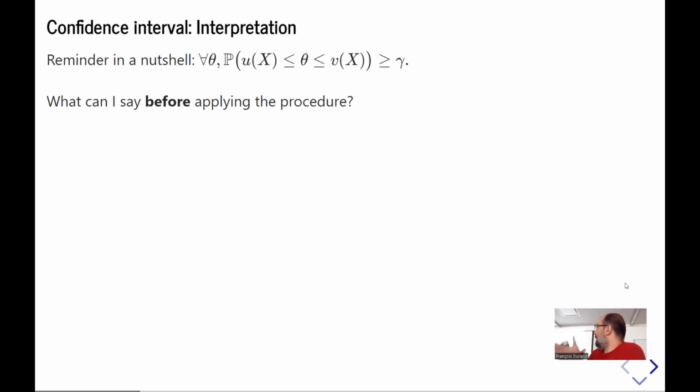In a nutshell, the definition of a confidence interval is that whatever the hidden value of theta is, you want the confidence interval to contain theta with a probability that is at least gamma.